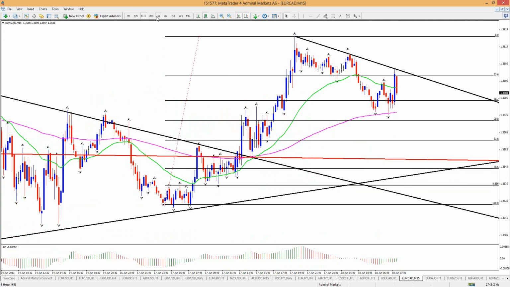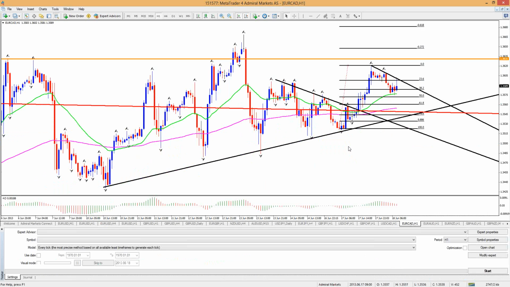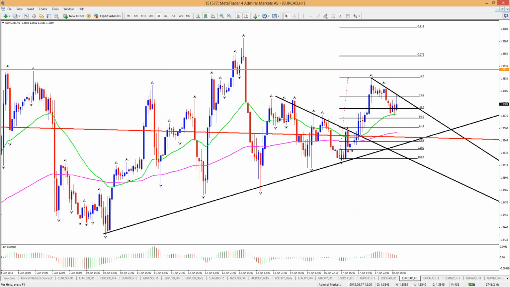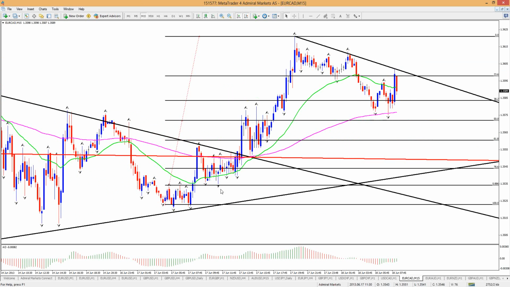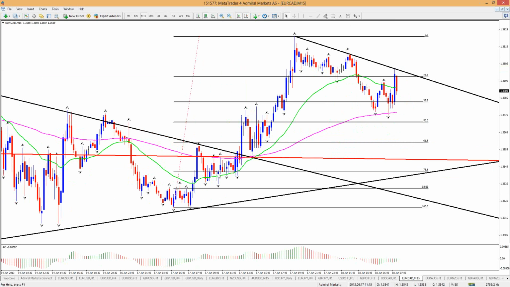It's a 1 hour chart here, so usually the stop loss would be here. Sometimes the stop loss is the same. Let's see. I don't know if that's in this case. No, here it isn't.